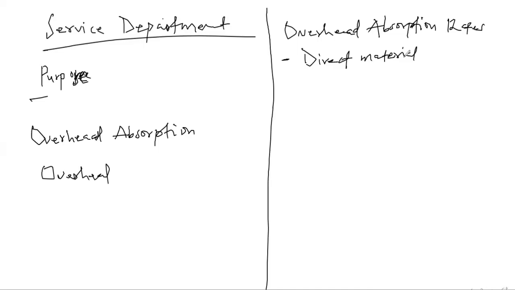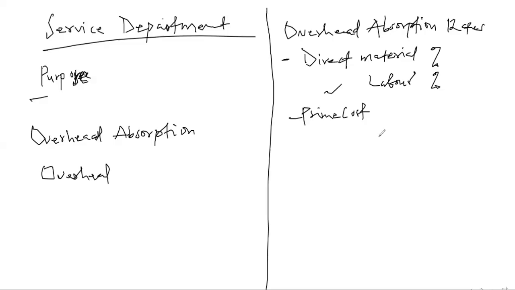I'll bring the practical part of it, and you are going to appreciate this topic very well. Then you can also use the direct labor percentage. You can also use the prime costs. If you don't know, prime cost is the summation of all direct costs.